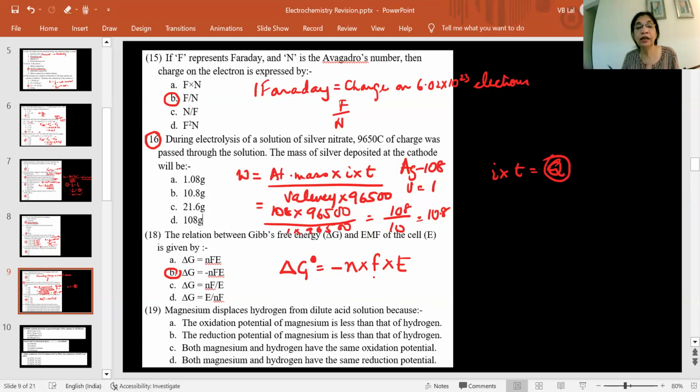Now the 19th question. All of you think of the answer. Take 2 minutes and think of the answer of the 19th question. Magnesium displaces hydrogen from dilute sulfuric acid because oxidation potential of magnesium is less than that of hydrogen.